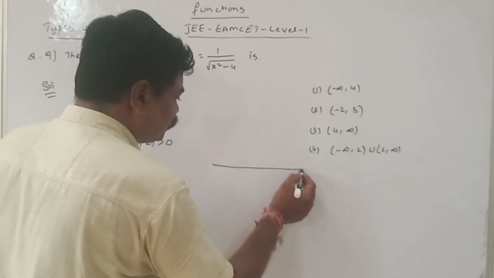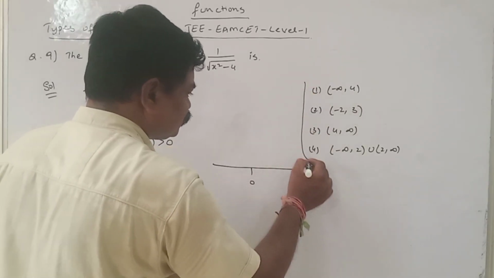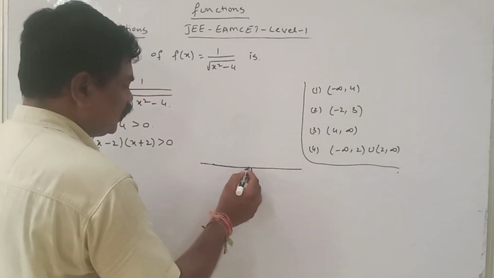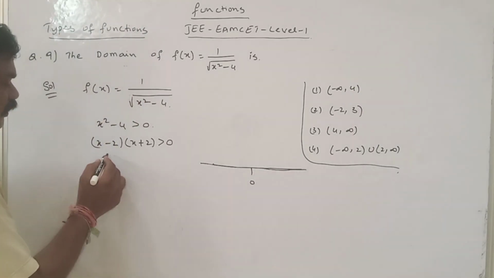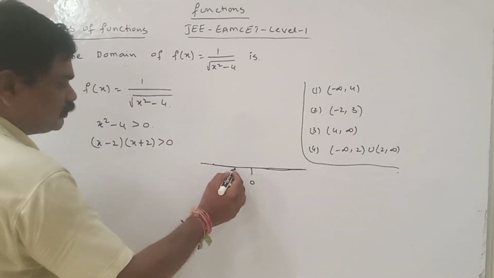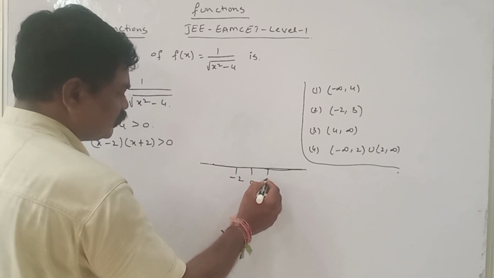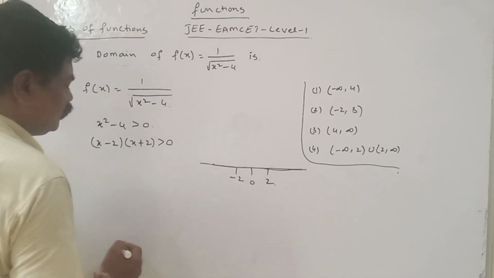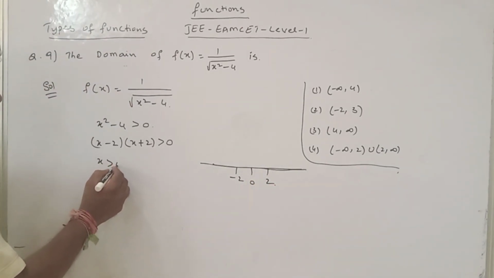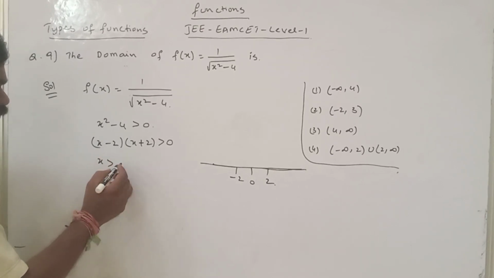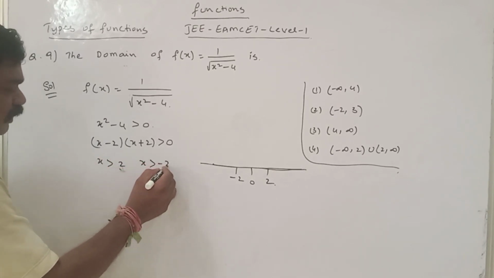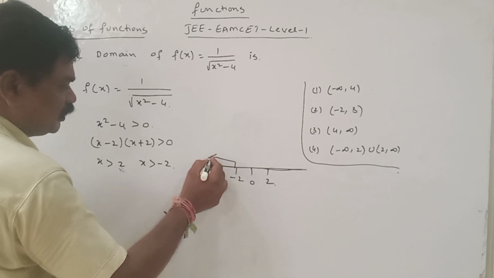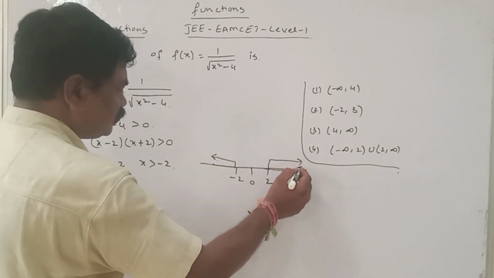Here you write the number line. This is 0. This is minus 2. This is plus 2. So x greater than 2 and x greater than minus 2. That means this one and this one.